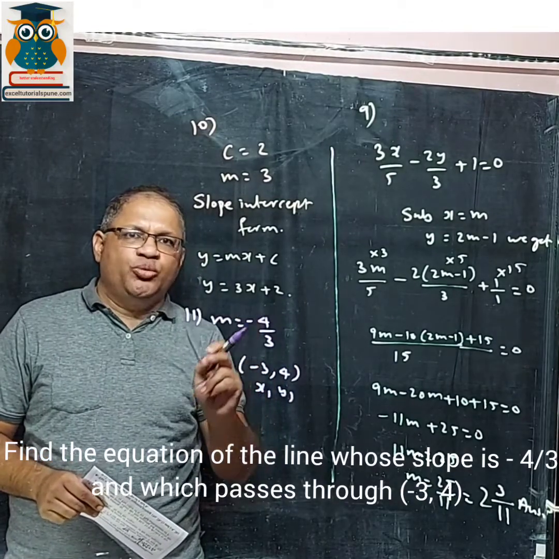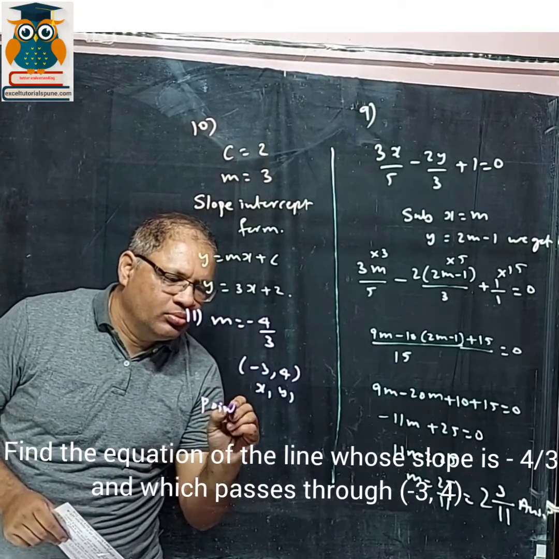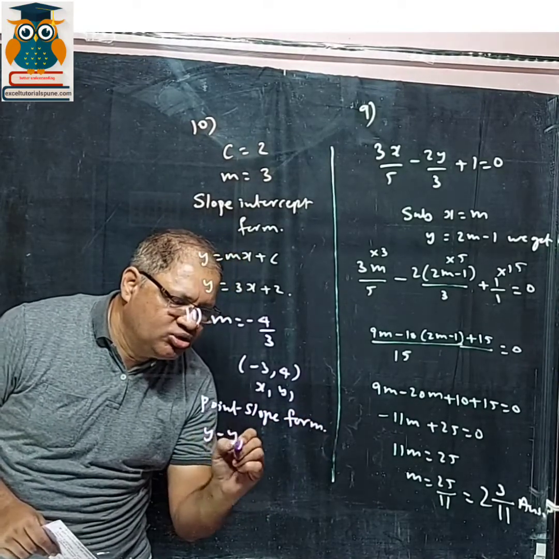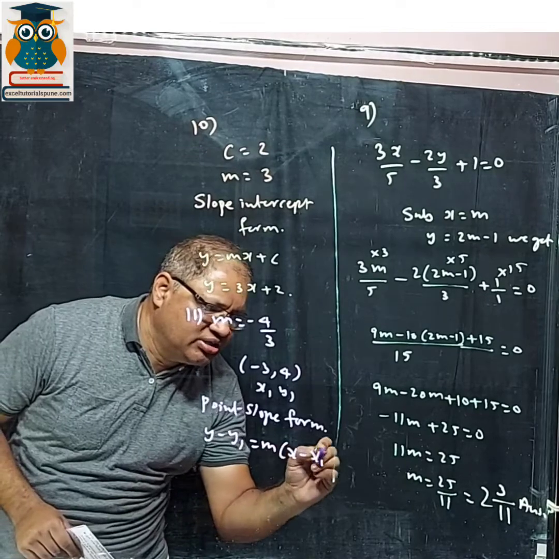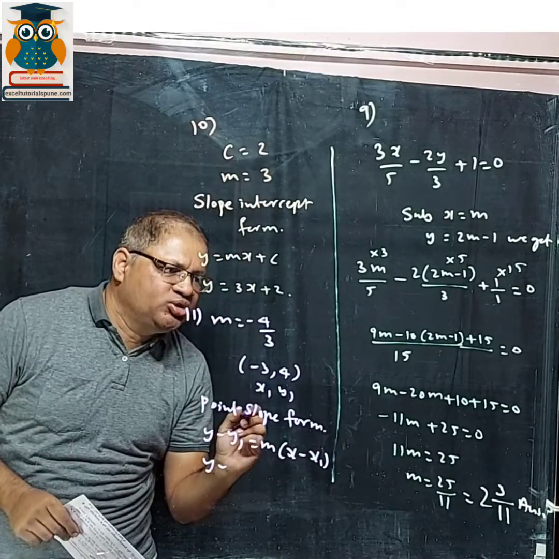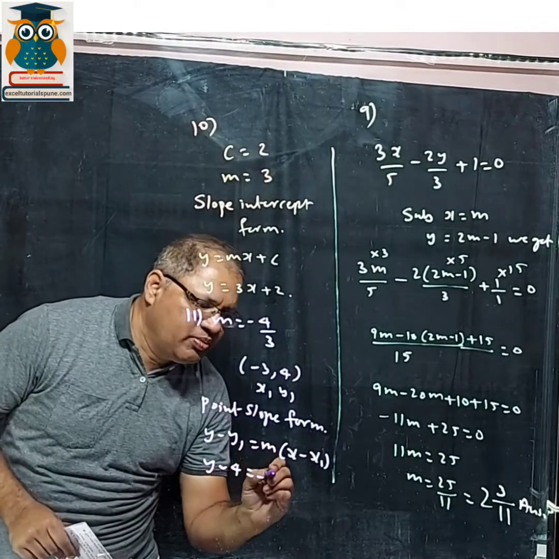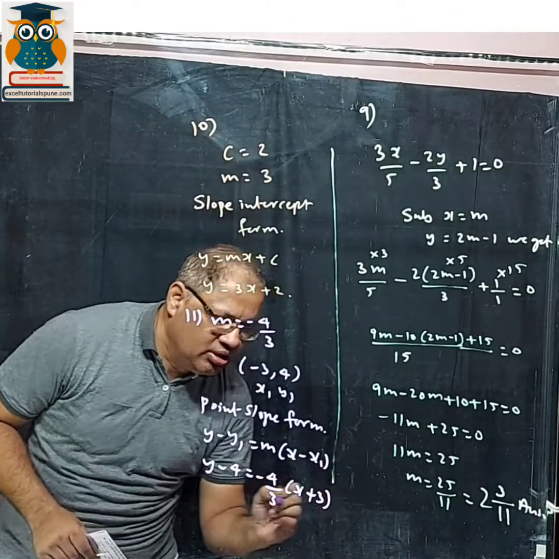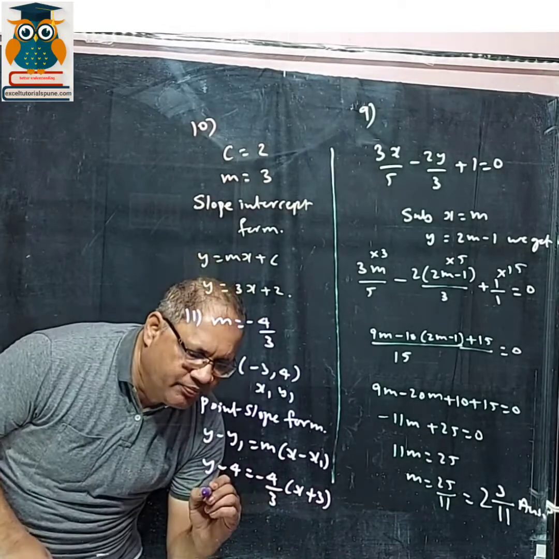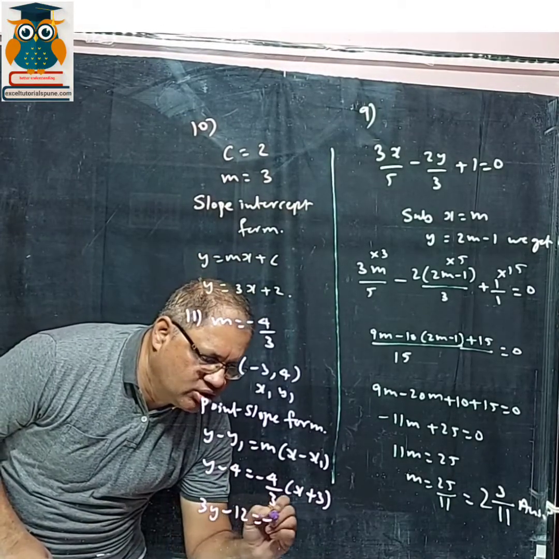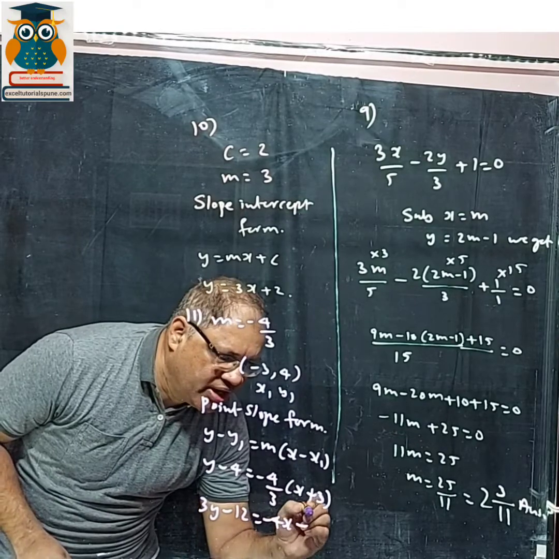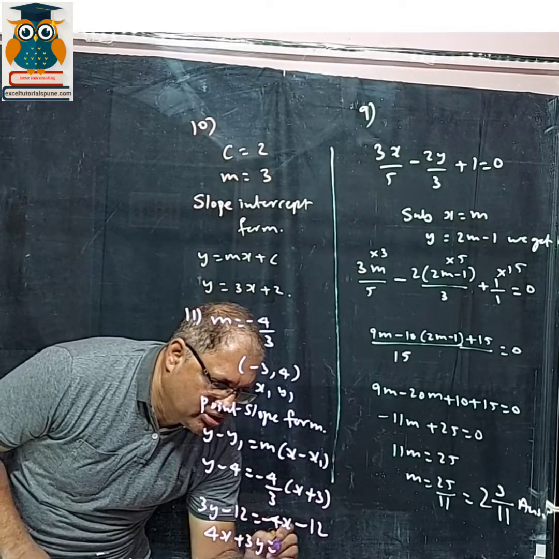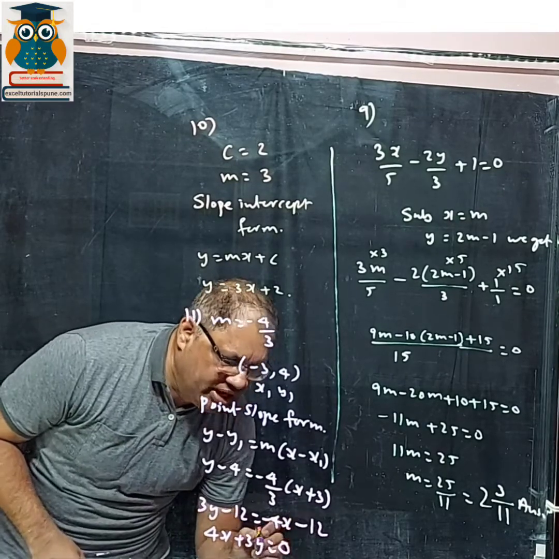Okay, point is there and slope is there. y minus y1 is equal to m(x minus x1). So y minus y1, that is 4. m is minus 4 by 3, x minus x1, that is plus 3. So it becomes then 3 that side. 3y minus 12 is equal to minus 4x minus 12. So 4x plus 3y is equal to 0. That's your answer.